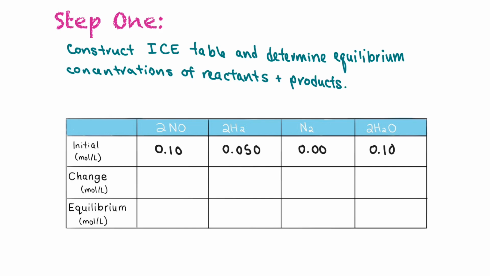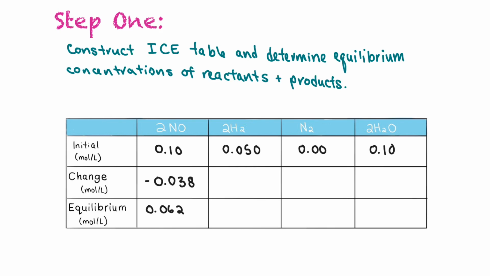The only other value we know right now is the equilibrium concentration of nitrogen monoxide, which was 0.062 moles per liter. Now we look and see how much the concentration of nitrogen monoxide changed between initial and equilibrium. It went down by 0.038 moles per liter.